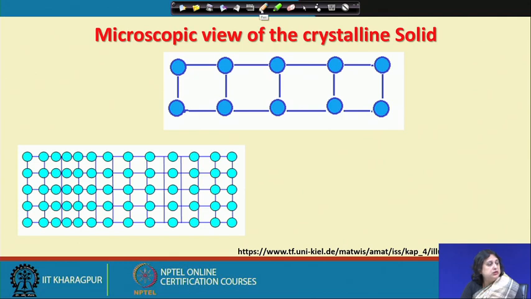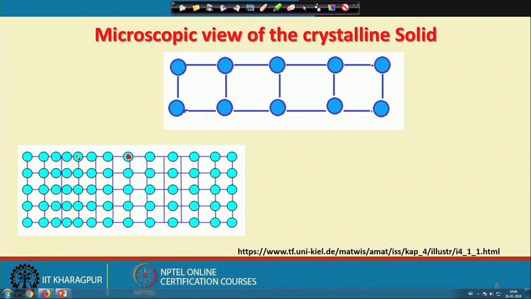So, if you have a closer look at this picture, you see that this atom is more or less present at its equilibrium position at the lattice point. But look at this. This atom, which was originally present with its center at the lattice point, has moved in this direction, and this atom from its equilibrium lattice point has moved away, so that the distance between this is larger, while because of the movement of these two atoms, this distance becomes smaller than the lattice spacing.